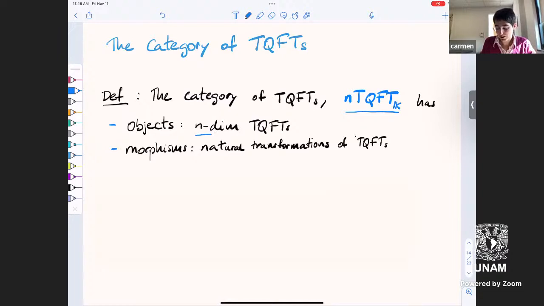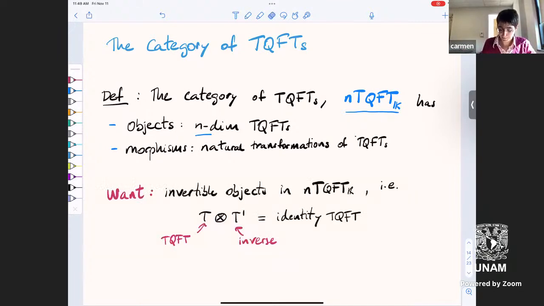And since each TQFT is a functor, the morphisms between them are going to be natural transformations of those functors. Now, we don't want all of them. We just want the invertible objects in that whole category. And that's what's going to be the invertible TQFTs.